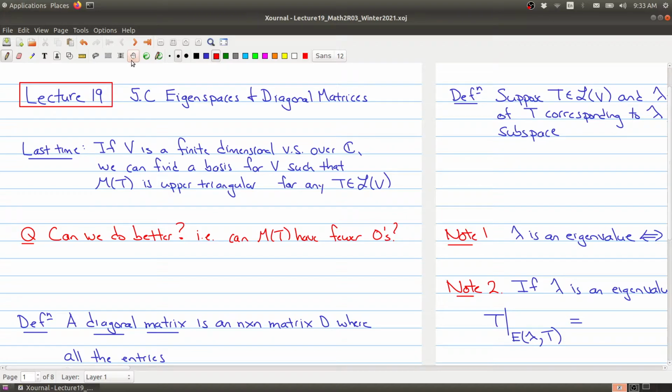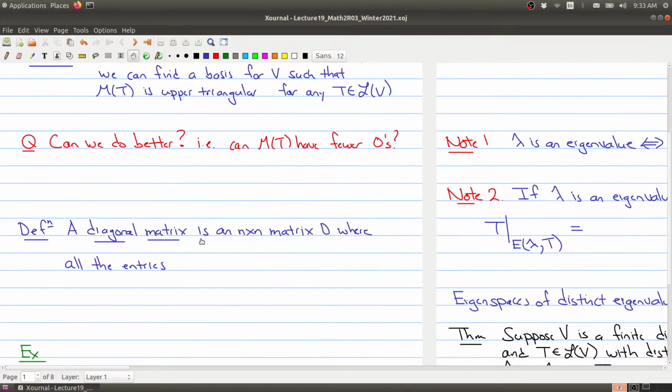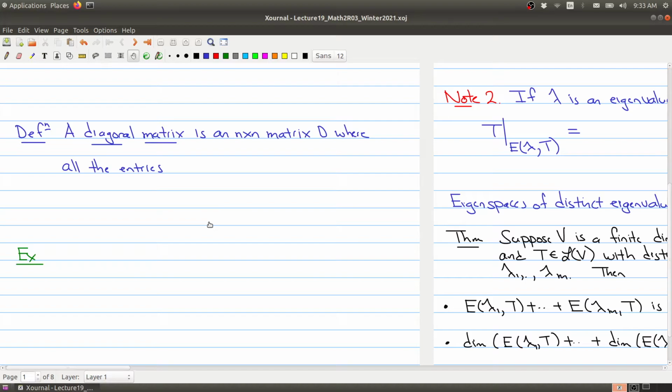So what kind of matrix are we aiming for? Probably the best that we might hope for is a diagonal matrix, which is something you saw in Math 1B03. A diagonal matrix is a square matrix where all the entries are zero, except possibly on the diagonal. It's easy to crank out examples.